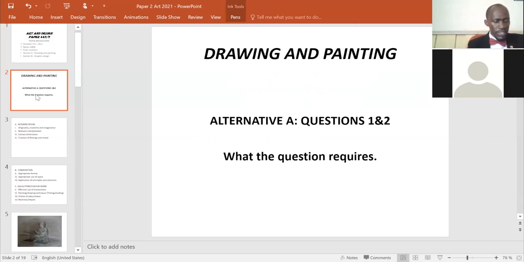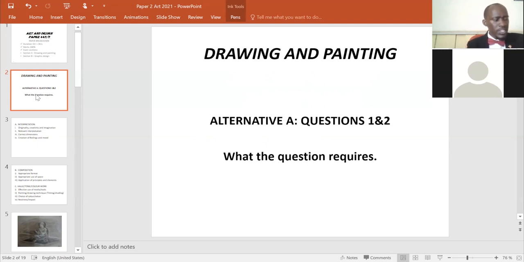Then the instructions. It is important that the student reads the instructions carefully and seriously. You are instructed that the use of rulers and other mechanical devices is forbidden in this alternative, that is alternative A, the drawing and the painting question.